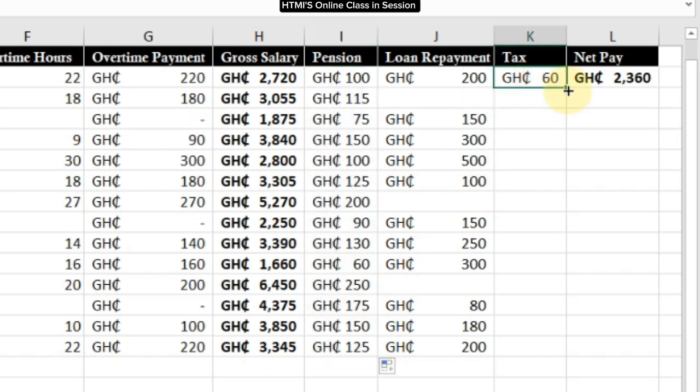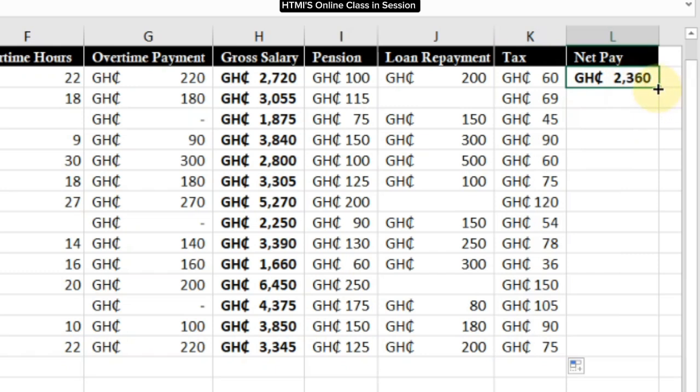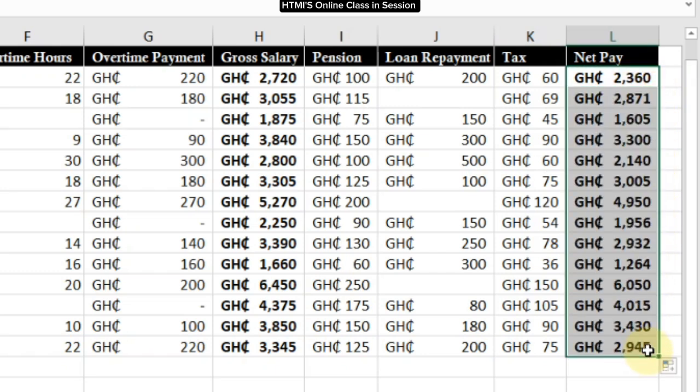The tax, the same thing will happen when we drag across. Okay, so now we come to the net pay for each of the workers. We drag across as well, and then we get the net pay. This is what each of the workers will take home.